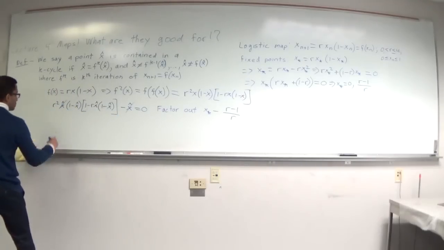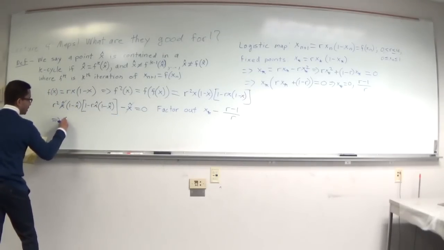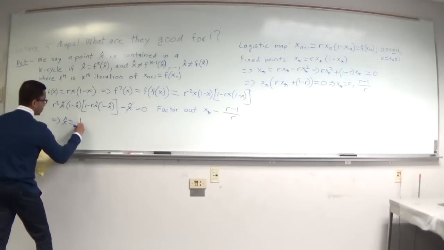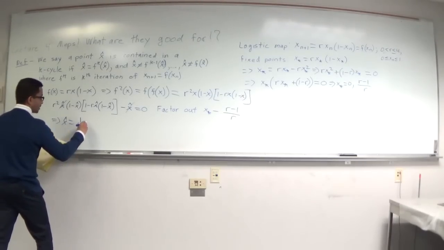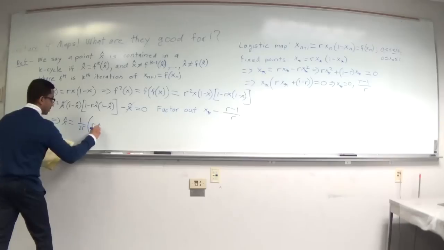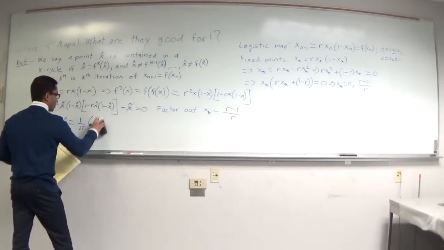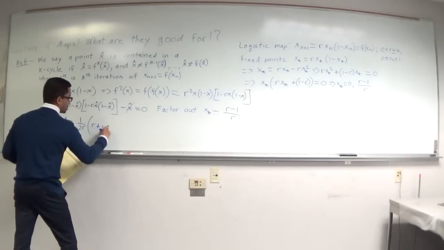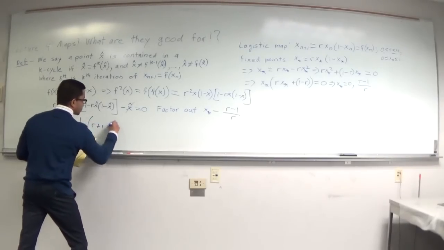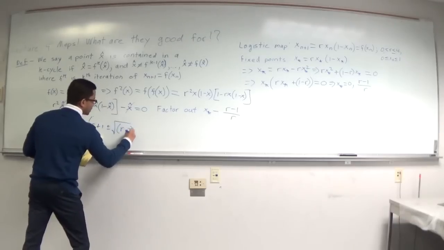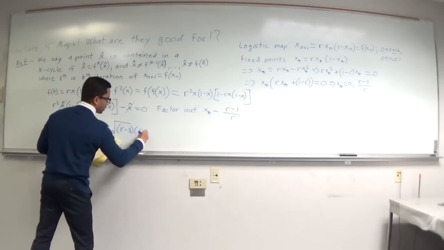So then we're going to get that x hat is going to equal 1 over 2r times r plus 1 plus minus the square root of r minus 3 times r plus 1.